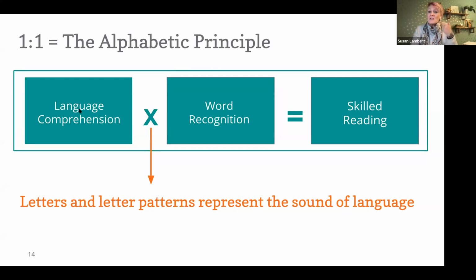Sounds, right? Kids have sounds. They come knowing words. They come with that understanding that there's sounds in our language. What we need to do is help them connect that to letters. And so I'm thinking that really the alphabetic principle is a multiplier effect that helps us see letters and letter patterns that represent the sounds of language.